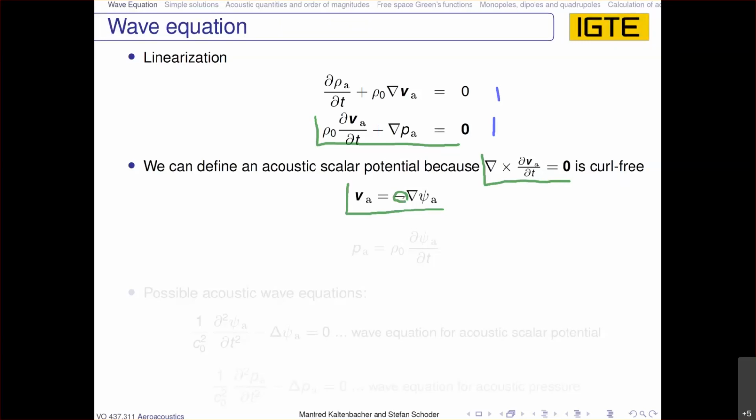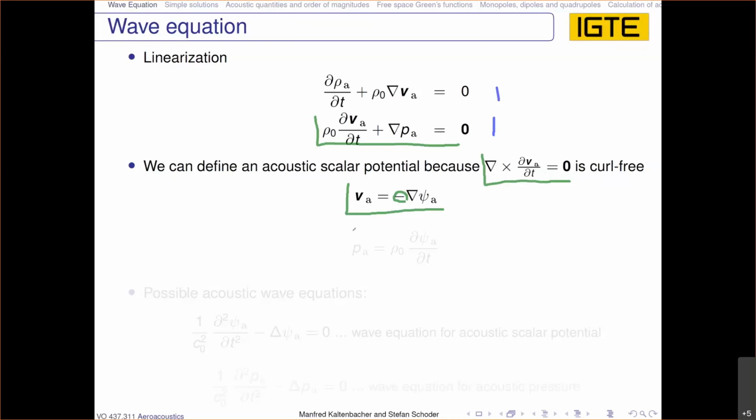It is very related also to the potential flow, and there our colleagues from fluid dynamics, they don't like to put a minus there for the velocity potential. Anyway, we put a minus here, but it's up to you.